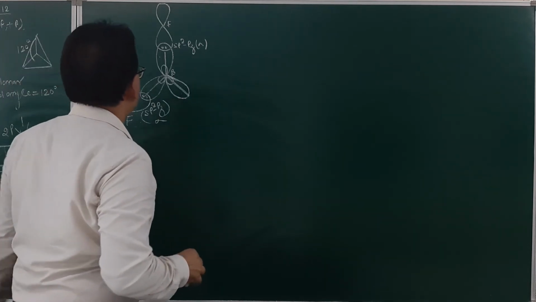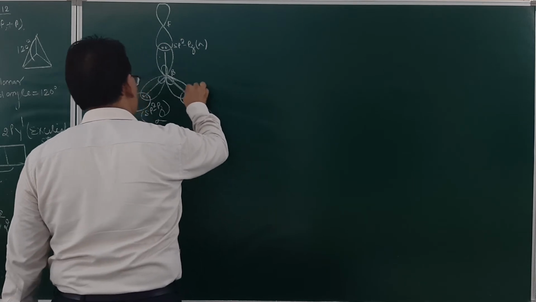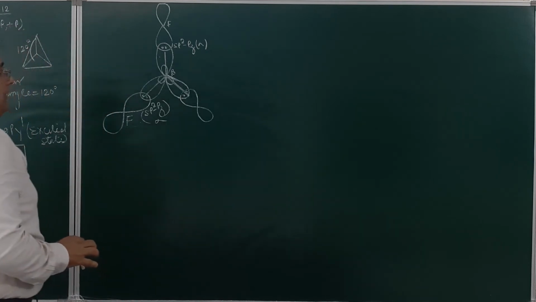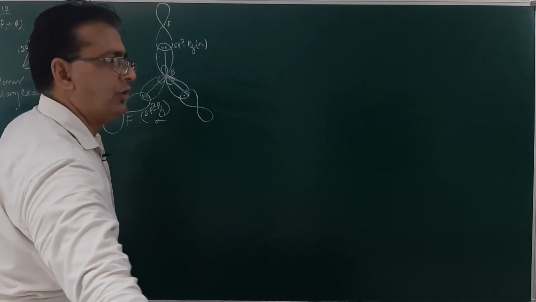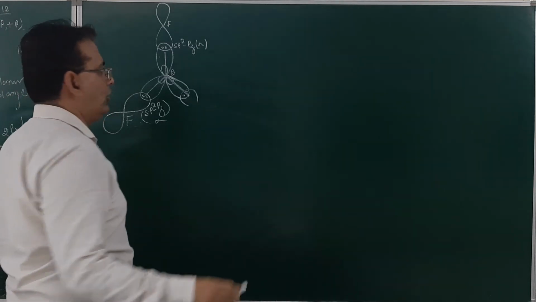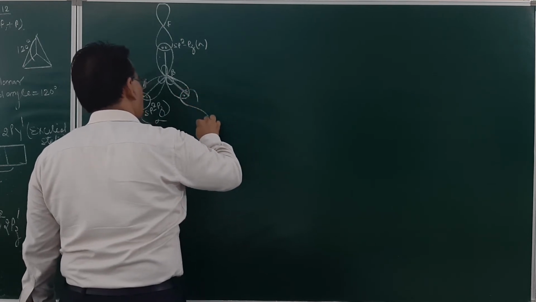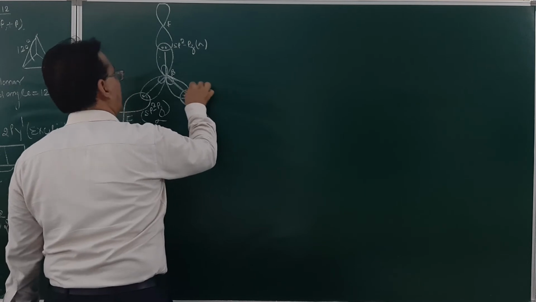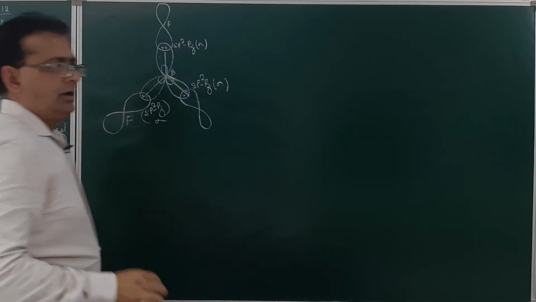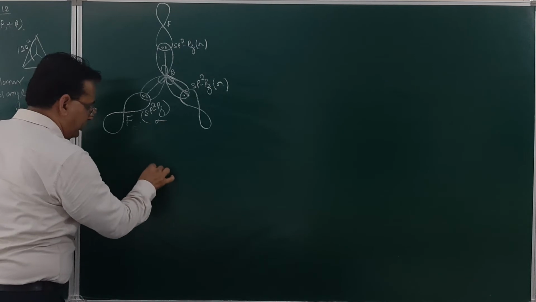Similarly, another sp2-pz orbital will overlap, resulting in the formation of a sigma bond. Am I clear? So how will the boron trifluoride molecule be formed?